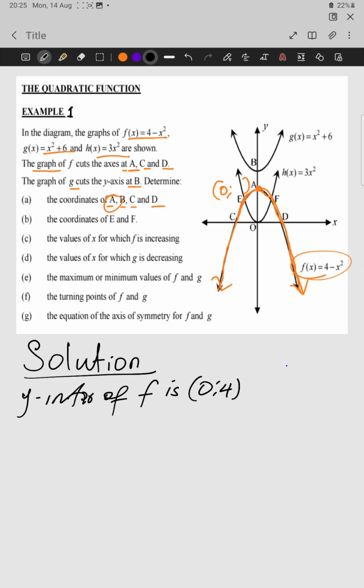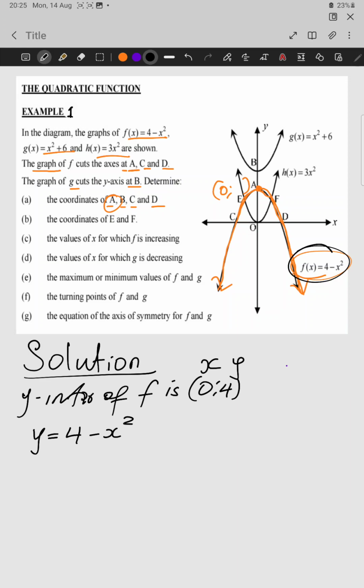Because if a is just the y-intercept, then from this equation here, I'm going to write it here. That must be y is equal to 4 minus x squared, in the place of x remember x is 0, y is 4.